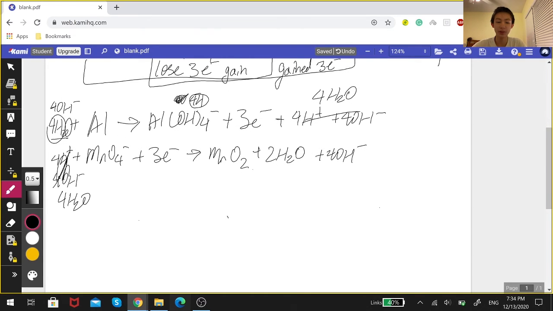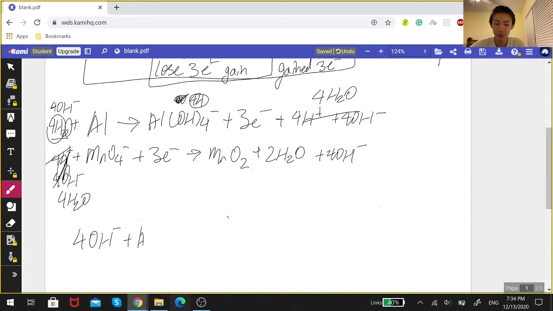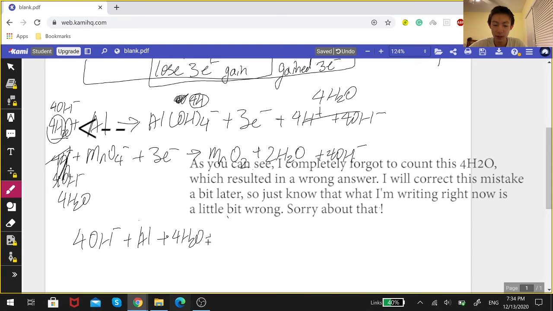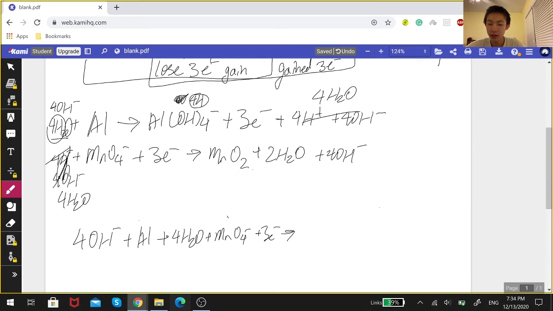We're going to write everything out in a better way. I just cramped a bunch of space over there. 4 OH minuses plus Al plus 4 H2Os plus MnO4 minus plus 3 electrons yields AlOH4 minus plus 3 electrons plus 4 H2O plus MnO2 plus 2 H2O plus 4 OH minus.